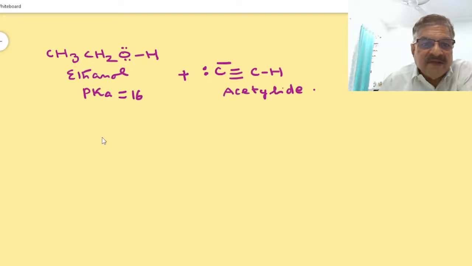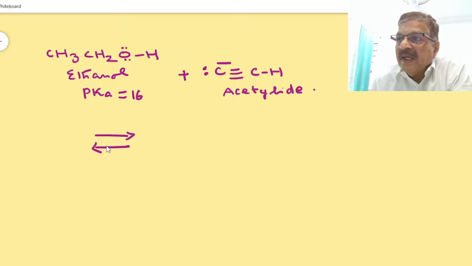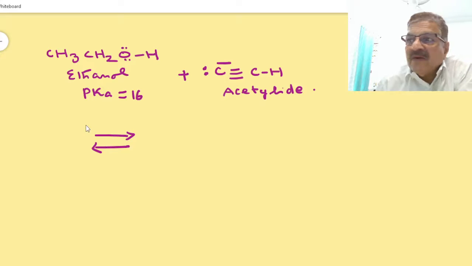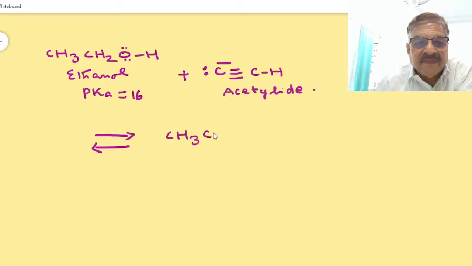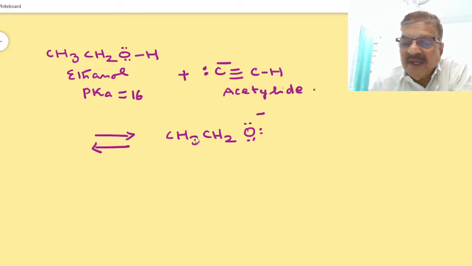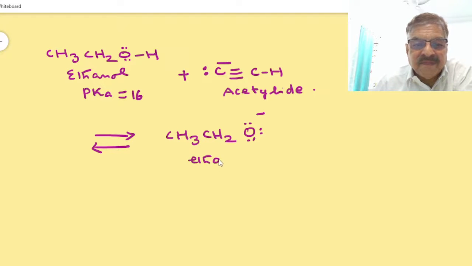Now, let us see how the reaction will be proceeding. What will we be getting here? Ethanol will give its conjugate base, ethoxide. This is the acid, this is the base here. This is the conjugate base, ethoxide, plus acetylene.